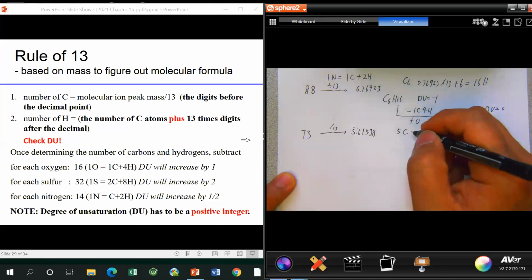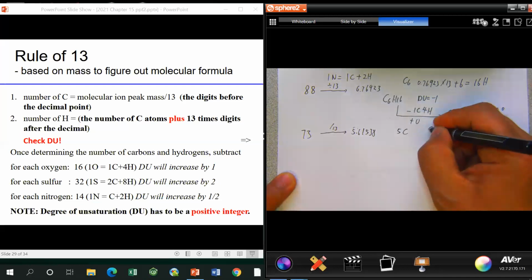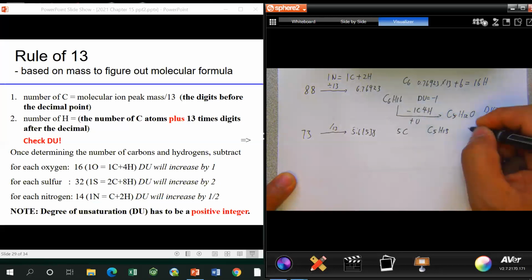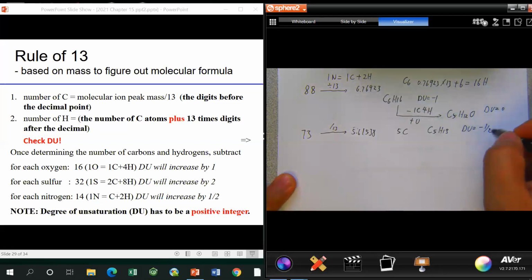I just quickly drew it, and it should come to 13, C5H13. If you do the DU number for this molecule, C5H13, that should be minus a half. That doesn't make sense. The DU number cannot be only a half, and it cannot be a negative number either. So you have to do some replacement.